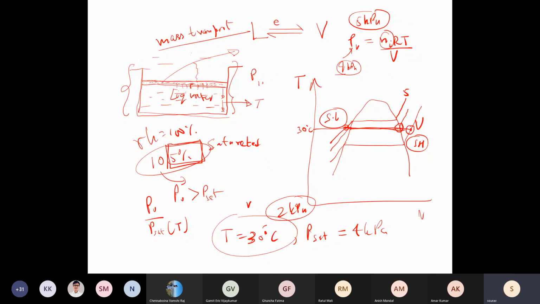That difference in moles corresponding to 5 and 4 kPa is the amount of water which will fall in the form of liquid droplets, falling onto the ground either as rain or dew, whatever.